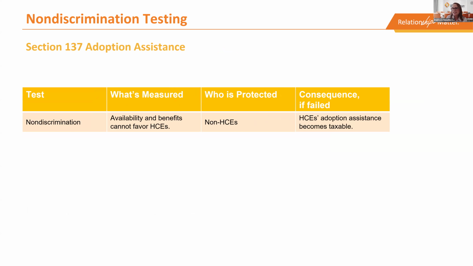And then adoption assistance, again, the availability of those benefits cannot favor highly compensated employees. So if you have an executive that is choosing to adopt next year and they come to you and say, hey, can we establish this so I can get that benefit? Unless you have some others, that may or may not be the right thing to do.